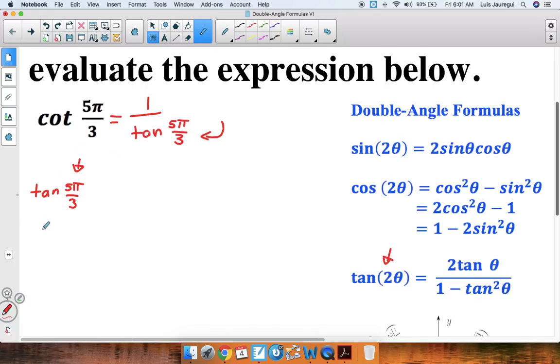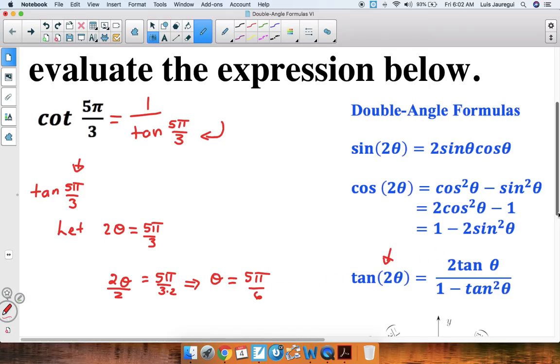So let's go ahead and match them up. Let 2 theta be equal to 5 pi over 3. Our goal is to get theta by itself, so let's divide by 2 on both sides of the equation. This implies that theta is going to be equal to 5 pi over 6.